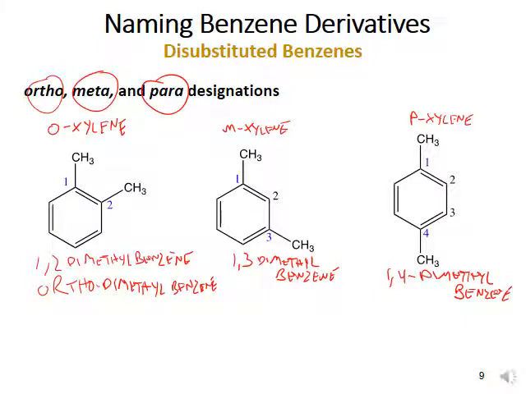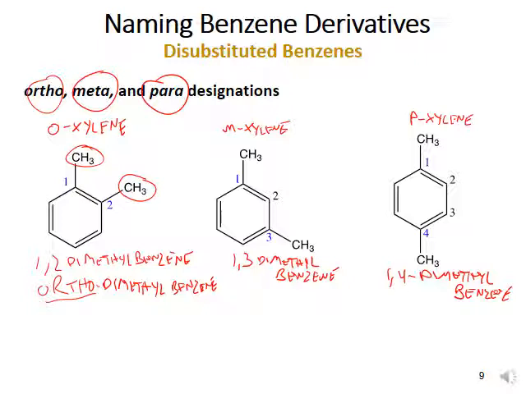Because you know by hearing ortho that the two methyls are right next to each other. You wouldn't call that orthobenzene. Why? Because what if you had two chloros next to it? That would still be two substituents that were right next to each other, but you have to name what the substituents are, right?